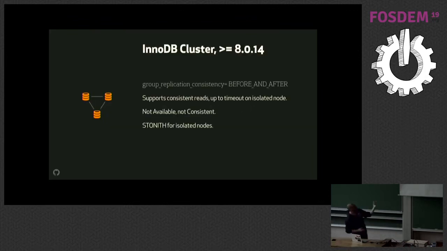And much like the Galera problem, if I isolate a single node, there will be a timeout, some small amount of time. Again, in production, I'm really happy with this. CAP theorem-wise, this is not a consistent system. So this will serve stale reads.